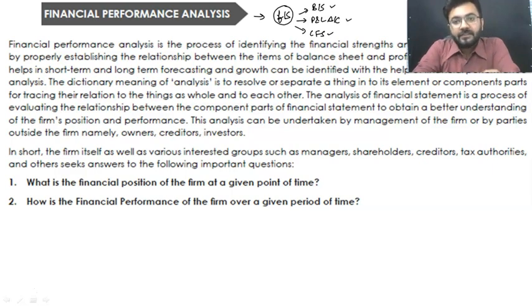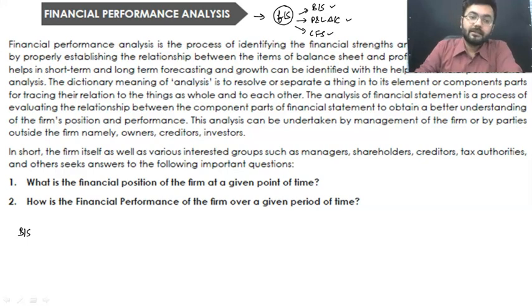And looking at the balance sheet, profit and loss account, and cash flow of a company, one can easily find out how the company is performing as compared to last year, right? As compared to last year. So now what we are going to cover, okay. Let us go into some few details, the very basic ones.